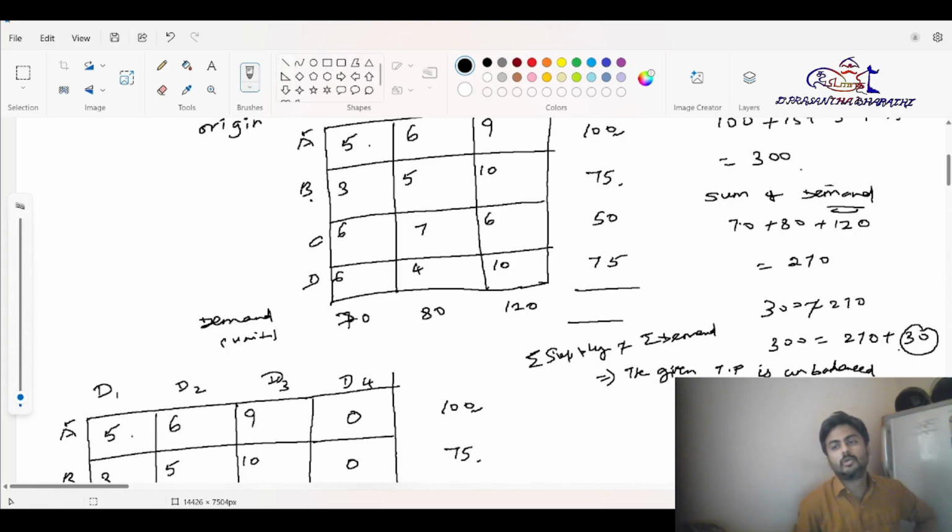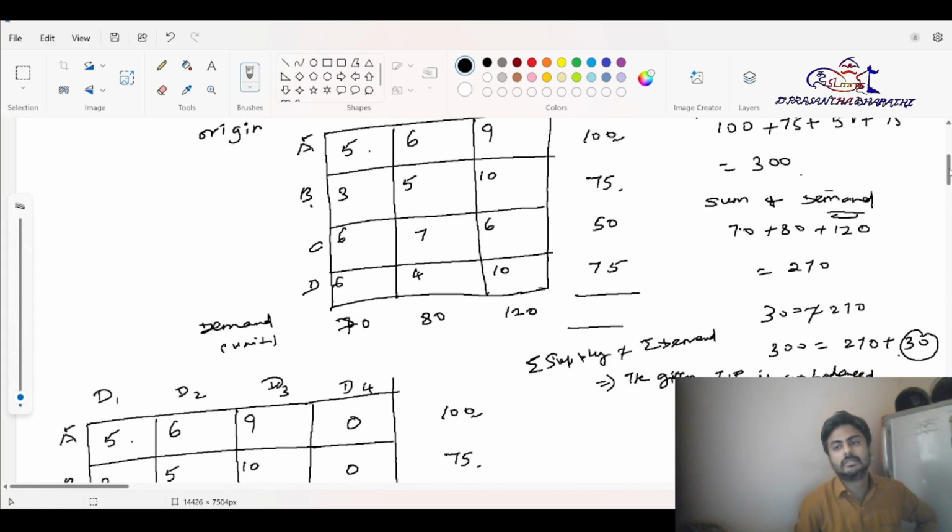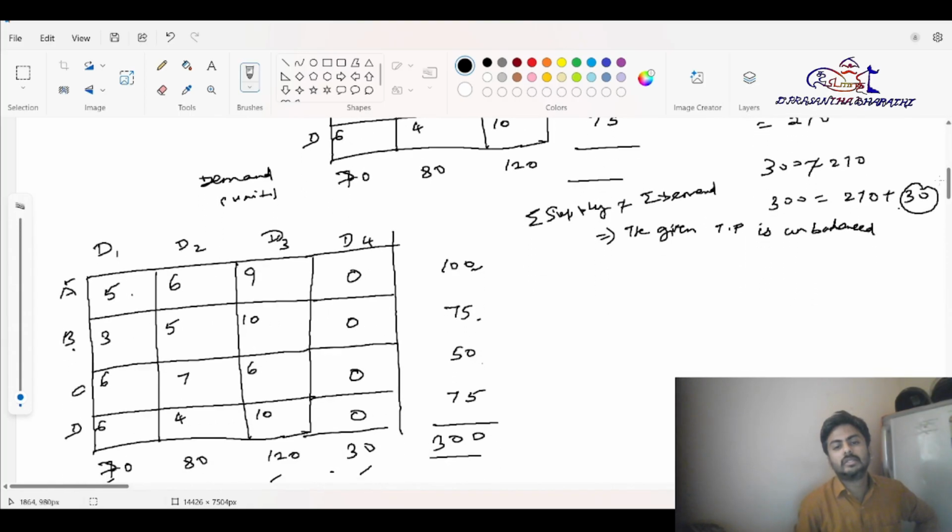So in order to balance it, you are adding the column D4. So add a new column D4 with the demand 30.